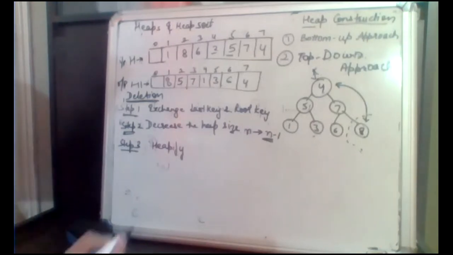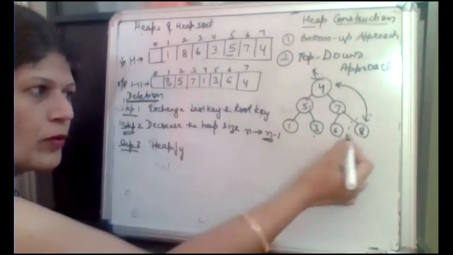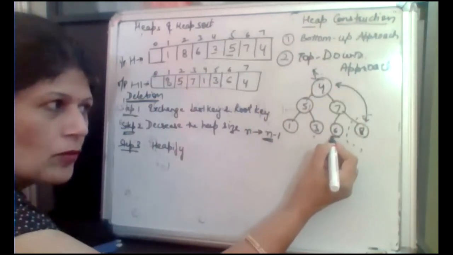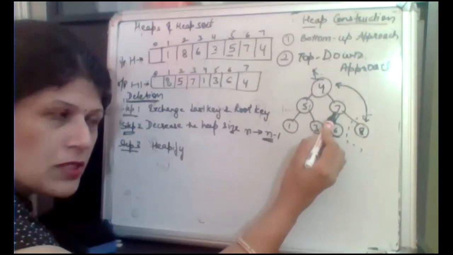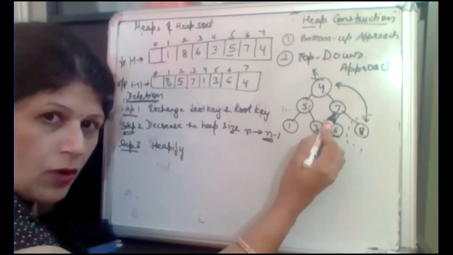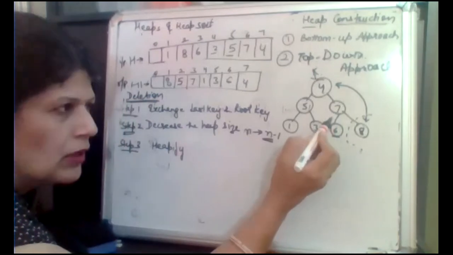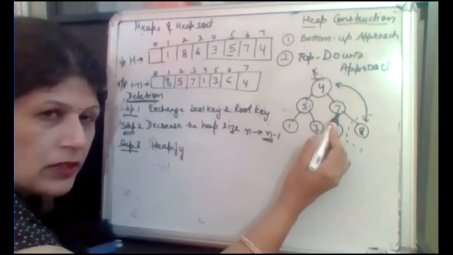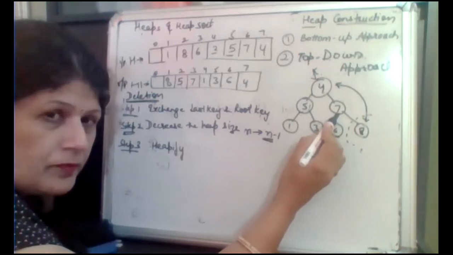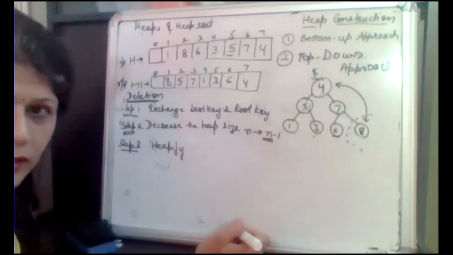Yes. So if we have to use a bottom up approach for this, we will start from this node. We'll check whether its parent node has the parent dominance property or not. So it has. For this node, it has. For this node, it has. Then we check with this 7 with 4. Yes.